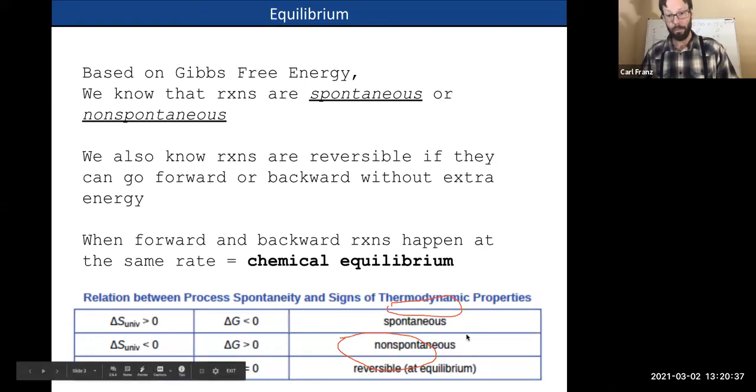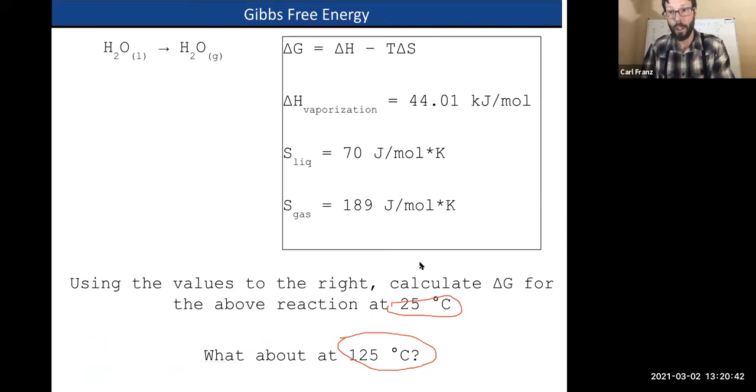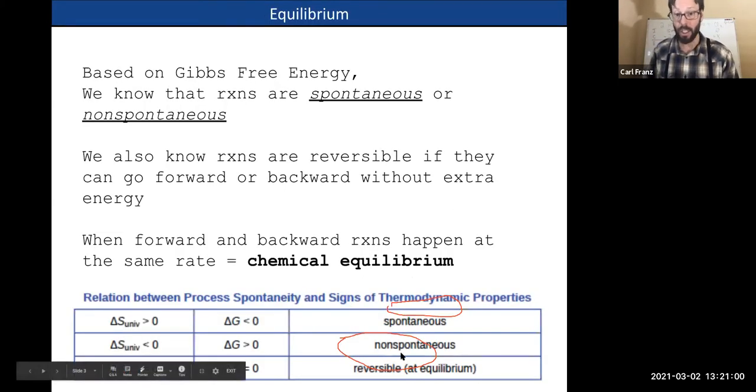So that's good. But when I did my calculation for G for 125, I got a positive number for that too. And that's because I forgot to subtract two things in that equation. And if you subtract those two things, you end up getting a negative answer, which is the right answer, because a negative G, less than 0, is spontaneous, right?